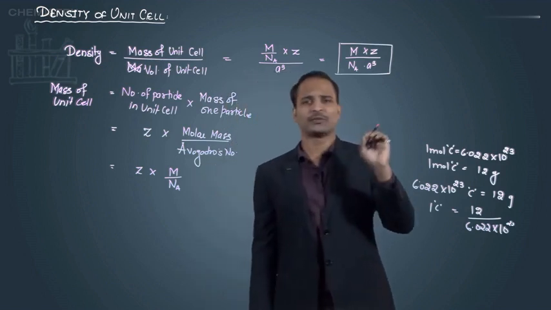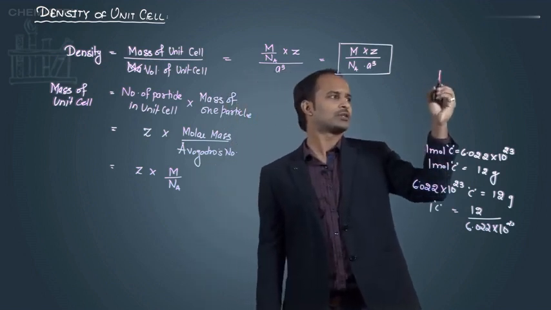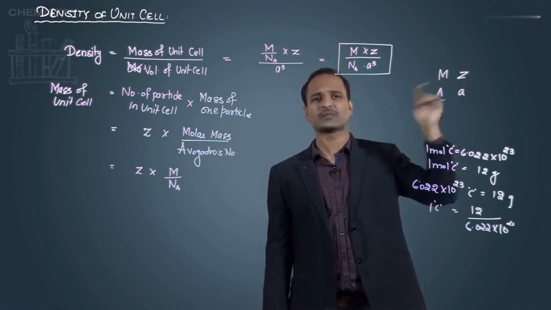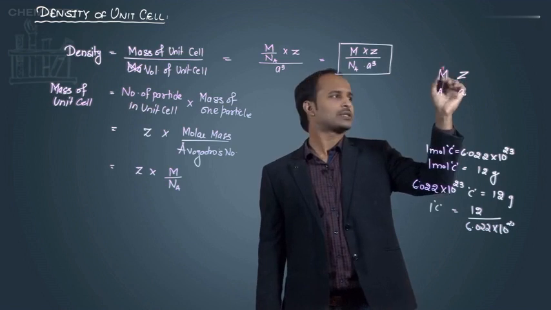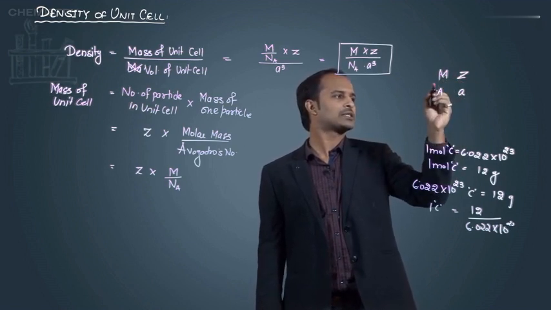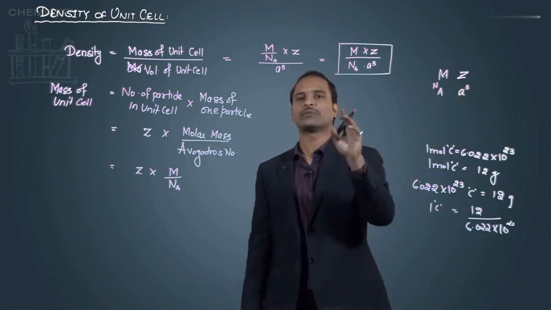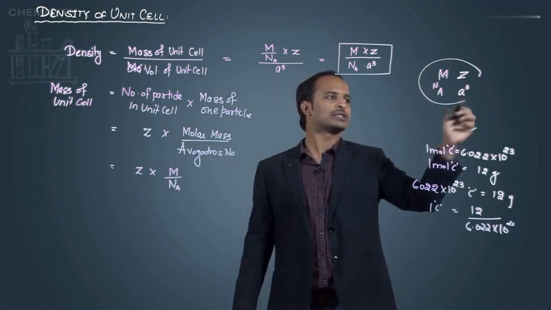For remembering the formula, we have a term, MAZA, that is maza. M stands for molar mass, the first A is Avogadro number, and the last A is having a cube. So ultimately the formula for density is maza.